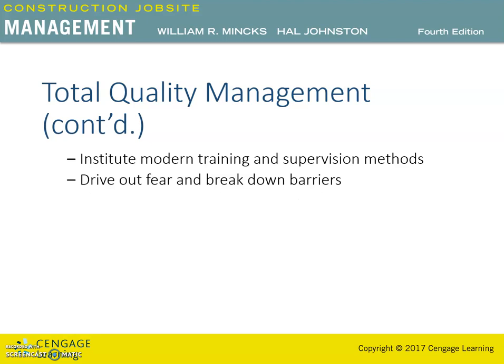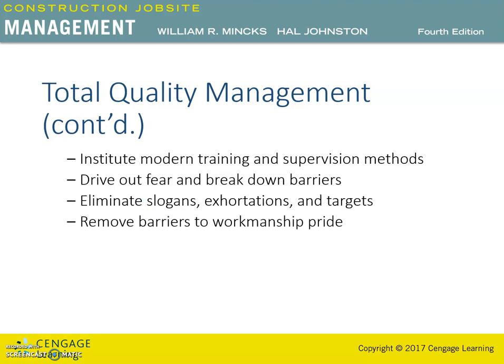Drive out fear, encourage employees to speak up, break down barriers between departments, eliminate slogans, exhortations, and targets for the workforce, remove barriers to workmanship, such as poor supervisors, poor materials, inadequate equipment, lack of training, and so on.